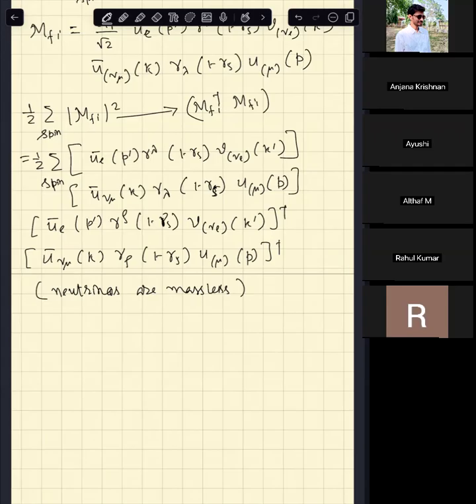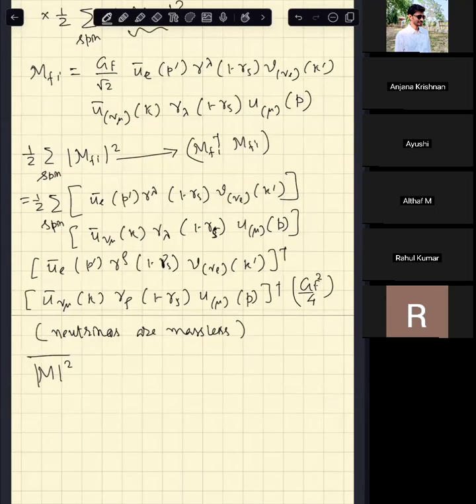Okay, so now if we calculate that, what do we get? The average of |M| square. There's another term which I forgot to write down, which is basically your G_F square by 4, the coupling term. Sorry, G_F square by 2 rather.